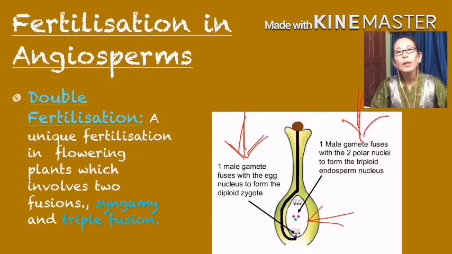Now, do you remember the structure of a mature ovule? Well, look at the illustration here. You can see a mature ovule having 7 cells and 8 nuclei in the embryo sac.